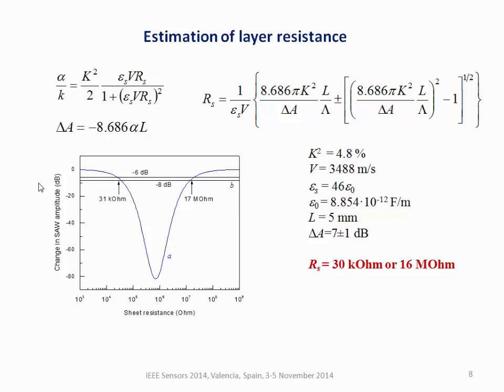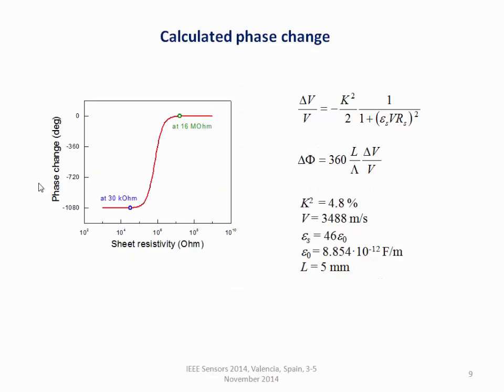To give an unambiguous answer, we need to measure a phase shift, because velocity changes monotonically, and so at different values of sheet resistivity, the phase change would be different.